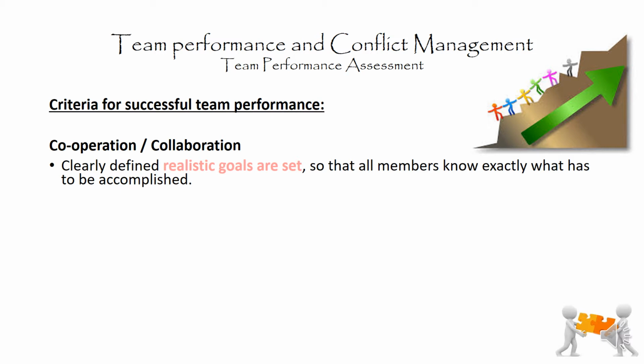And the goal that you set for the team must be realistic, clearly defined. It must set out a measurable goal. It's something that you can measure whether it has been reached or not, and it must be realistic. It must be a goal that is reachable, and then all team members must know exactly what they need to accomplish.